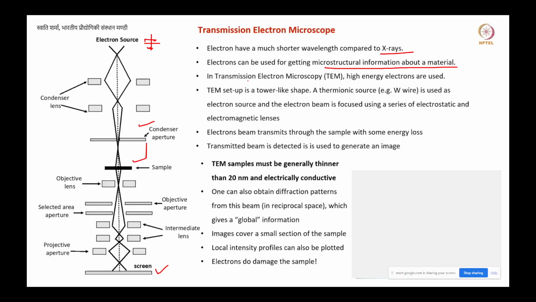Now the electron beam transmits through the samples with some energy loss because there is also inelastic scattering. The transmitted beam is then detected and used to generate an image that we see on our screen.